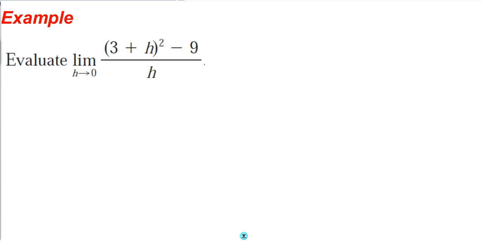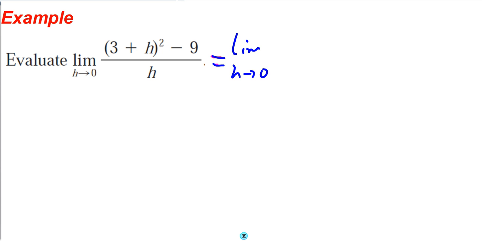Okay, so example 2, we want to find the limit as h approaches 0 of this function. When h is 0, the denominator is 0, so we have to simplify and cancel out something.